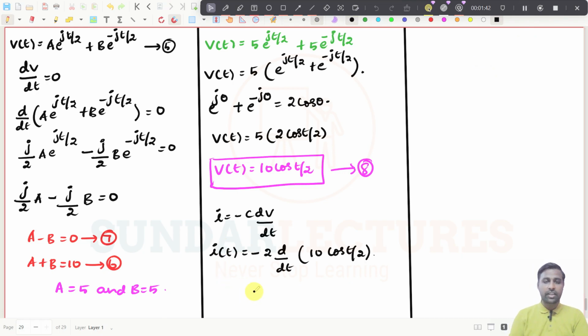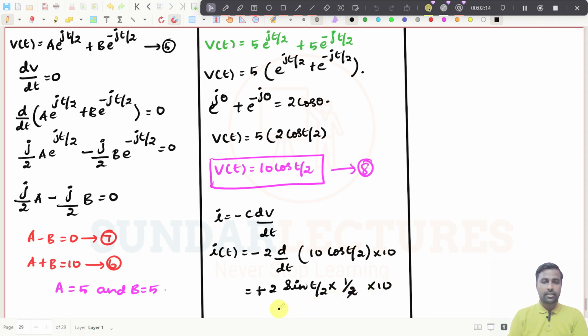If I differentiate this, differentiating cos t by 2 gives a minus sine, so it becomes plus 2 sin t by 2, and I need to differentiate t by 2 again, which gives 1 by 2. Maybe I missed something, yes, I missed the 10, so it will be into 10.